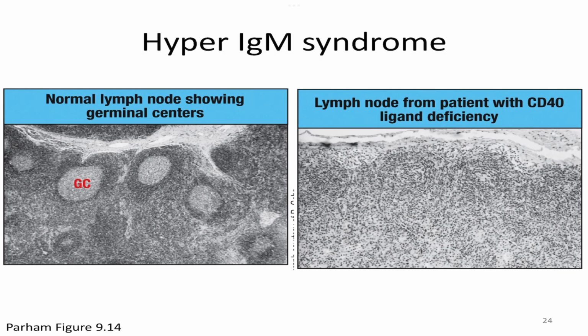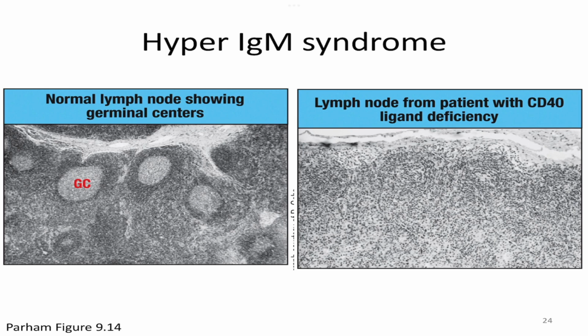There are also patients who have a disease known as hyper-IgM syndrome. Hyper-IgM syndrome is a disease where the patients don't have germinal centers. You can see a normal lymph node on the left, and you can see how easily visible the germinal centers are under a microscope.